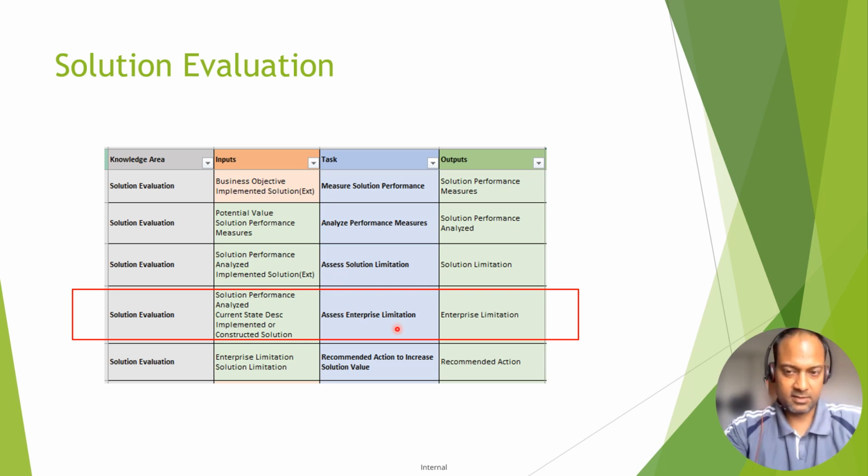Solution limitation means the factors internal to the solution that are restricting the full realization of the value, and enterprise limitation is basically outside of the solution, at the enterprise level. So what are the factors restricting the full realization of the value? We'll talk about assess enterprise limitation today.